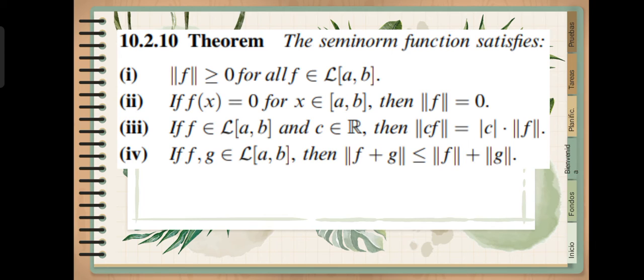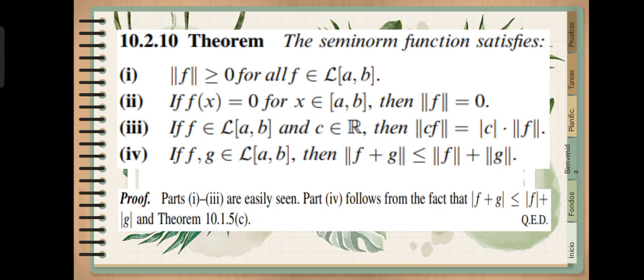Number 3, if f is an element of L[a,b] and c is a real number, then the semi-norm of cf is equal to the absolute value of c times the semi-norm of f. Number 4, if f, g are elements of L[a,b], then the semi-norm of f plus g is less than or equal to the semi-norm of f plus the semi-norm of g.